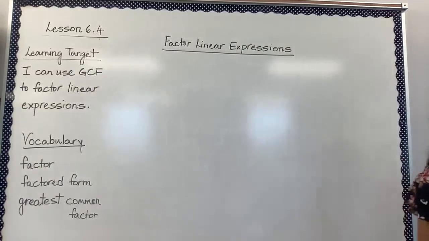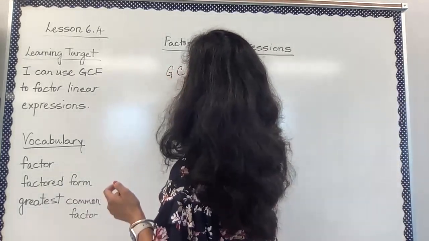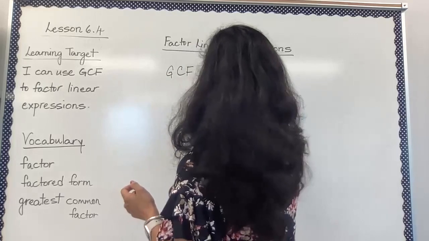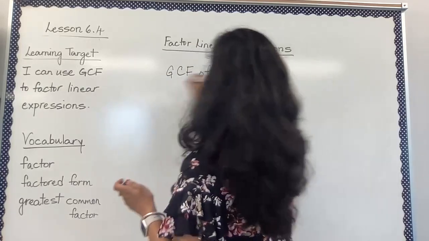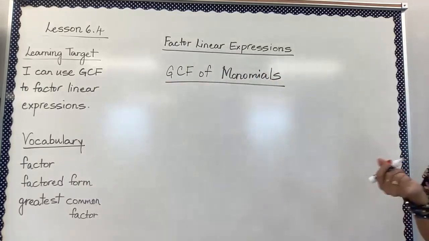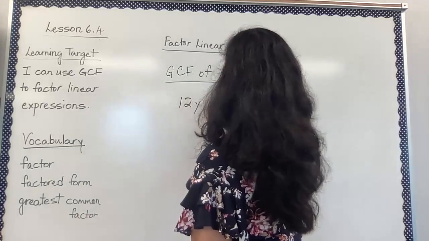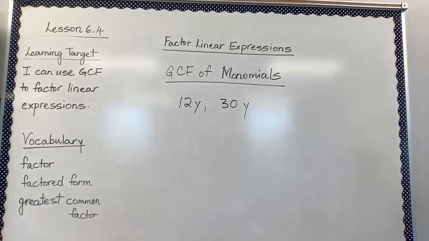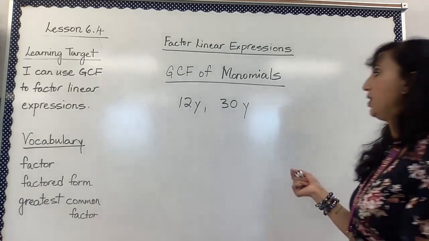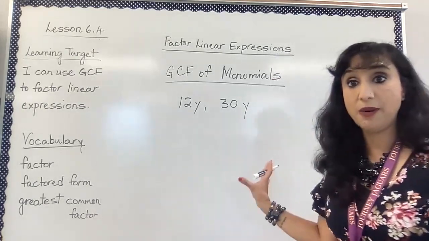If I have to find the GCF of monomials, and I am given something like 12y and 30y. There are several ways that we can find GCF like we've done in the past. We can already see that y is common, so that's going to be a common factor.